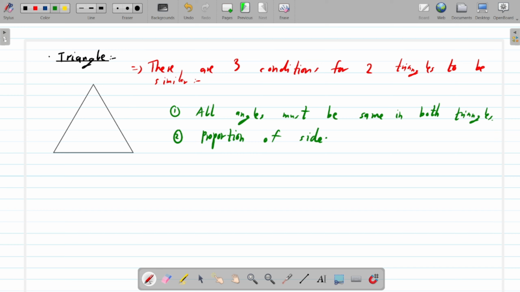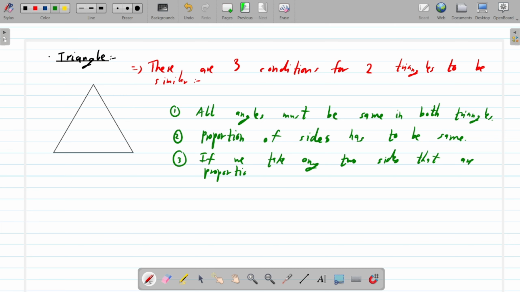Then the third one, which is the different one: if any two sides are proportional, then the angle between them should be the same. Okay, we have our three conditions.